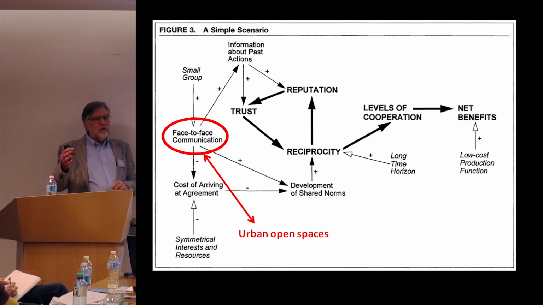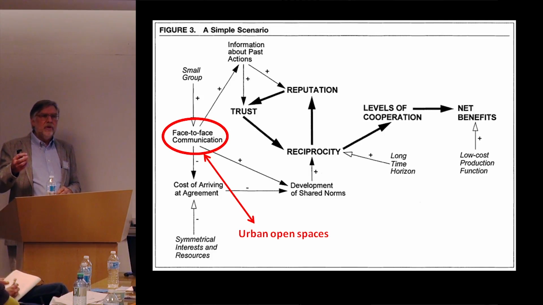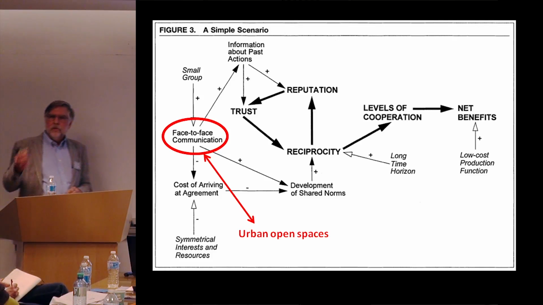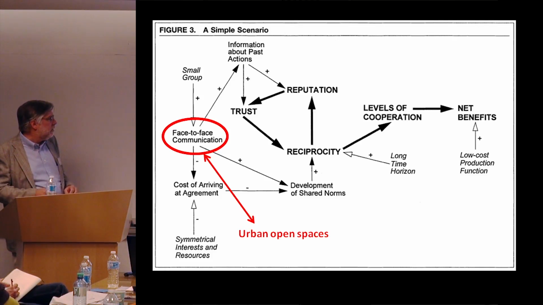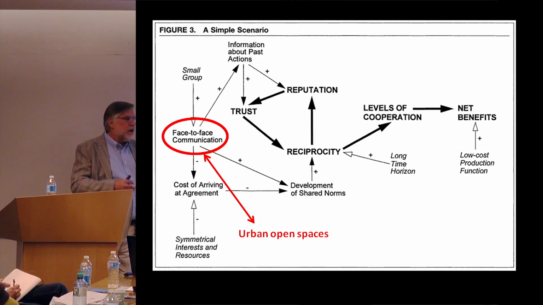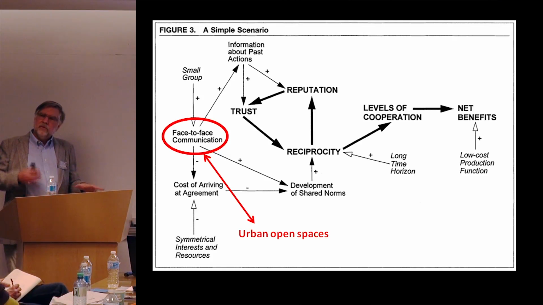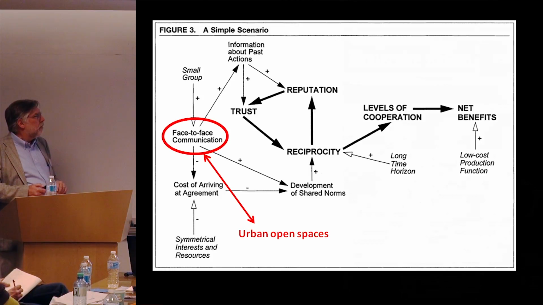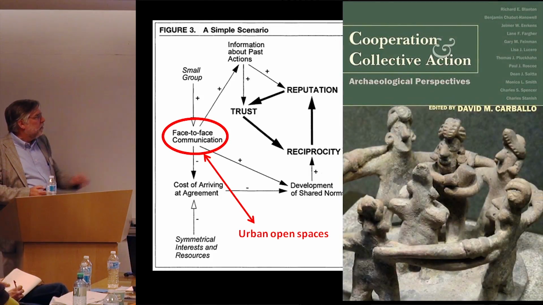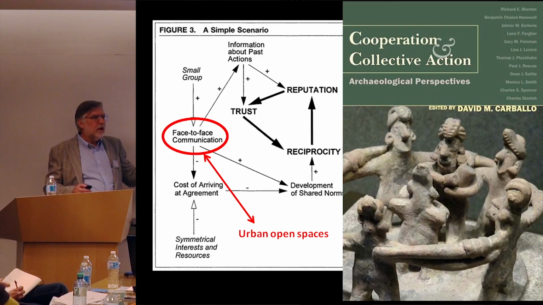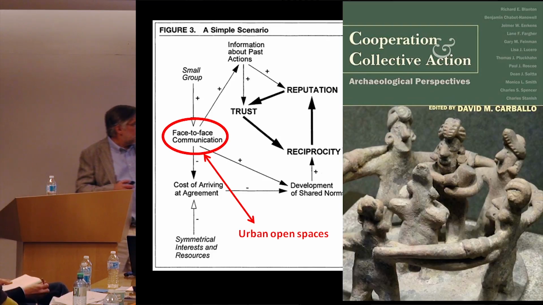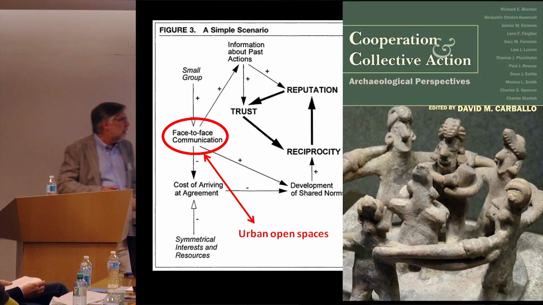There's been a lot of work on Minoan cities on open spaces, and this is really crucial. This is really at the heart of a lot of the social processes in cities and societies. I think figuring out what went on in these spaces and what the characteristics of these spaces are is really important. And this whole topic of cooperation and collective action has begun to be applied archaeologically. This book came out, I think 2014, edited by David Carballo with a number of case studies.